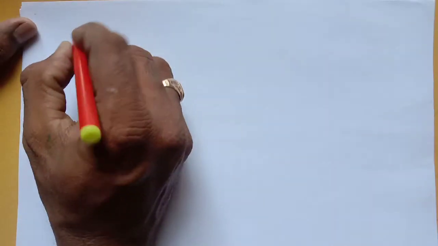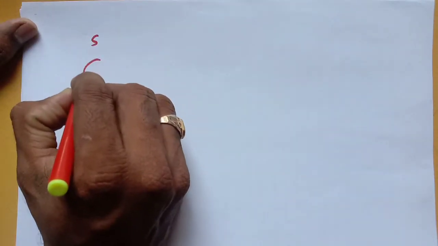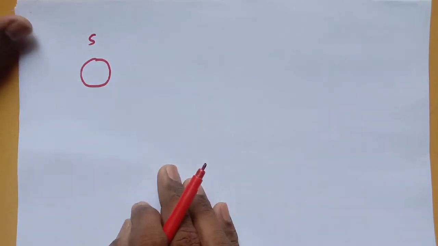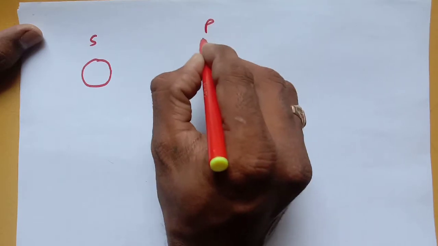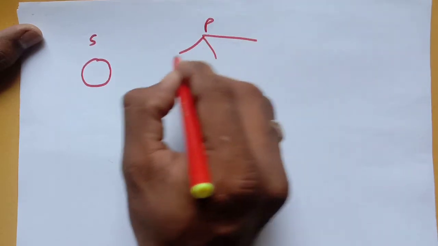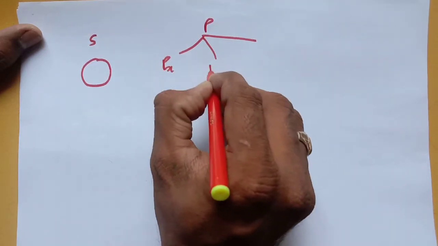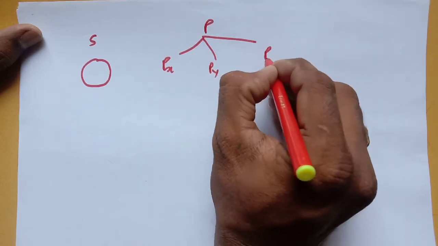Now, these atomic orbitals have different shapes. If we consider the s and p orbitals, the s orbital has a spherical structure and has no directional characteristic. But the p orbital is divided into three parts called px, py and pz.